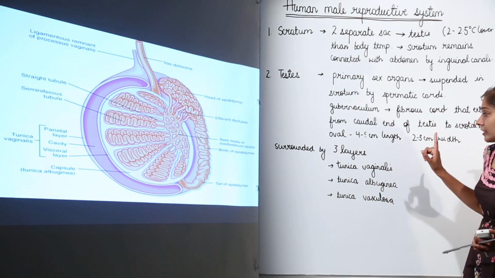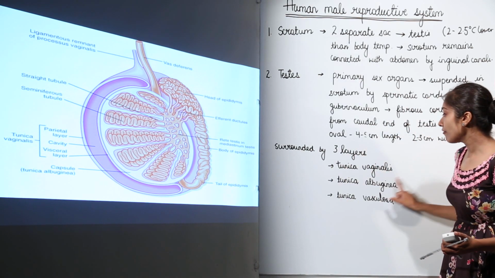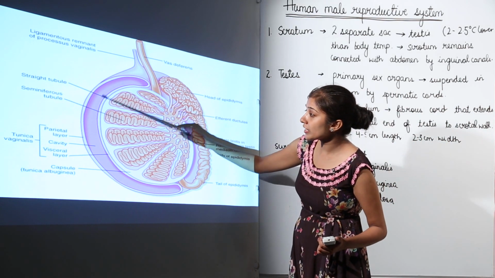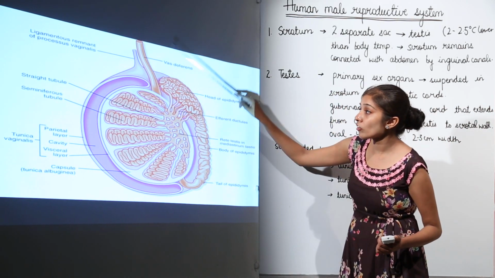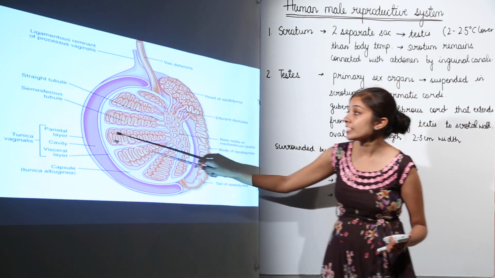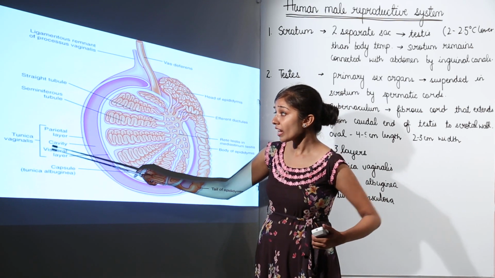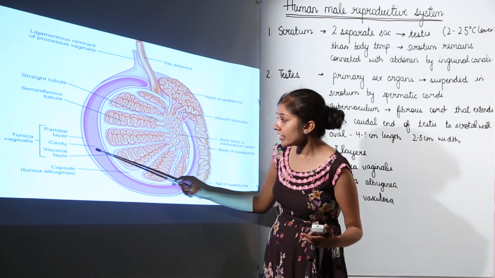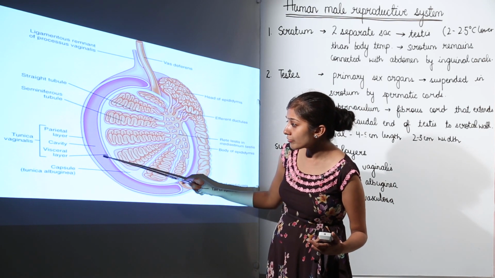First, we have Tunica vaginalis. Just look here. This is the cross section of testis, and this is the first layer that surrounds the testis, which we call Tunica vaginalis. It is further divided into a parietal layer, then a cavity, and then the visceral layer.